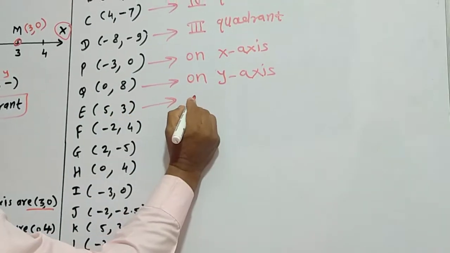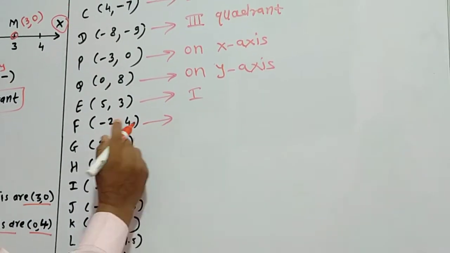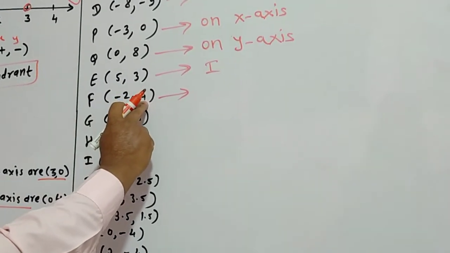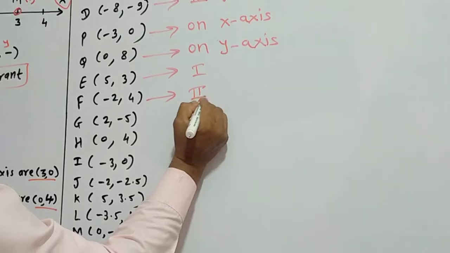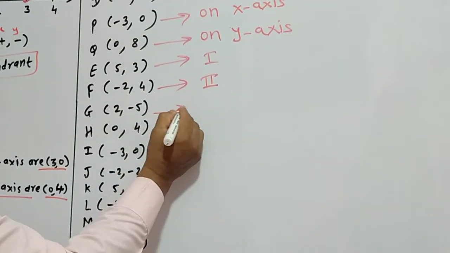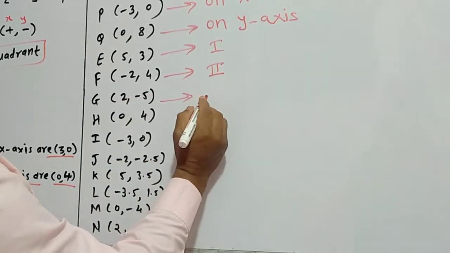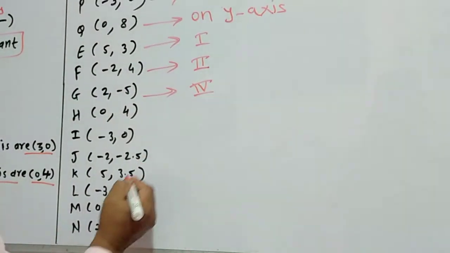E (5, 3), both positive, so first quadrant. Here the x coordinate is negative, the y coordinate is positive, so second quadrant. Then (2, -5), positive negative, it is in the fourth quadrant.